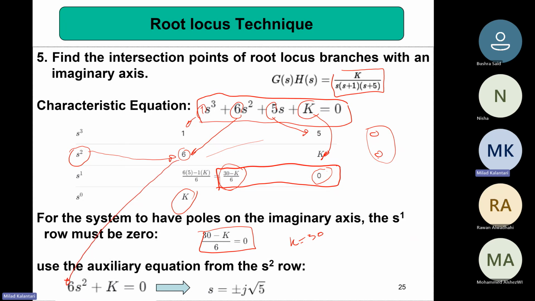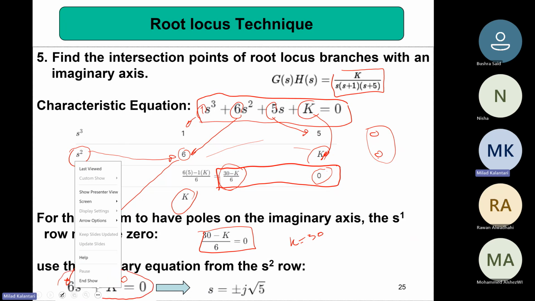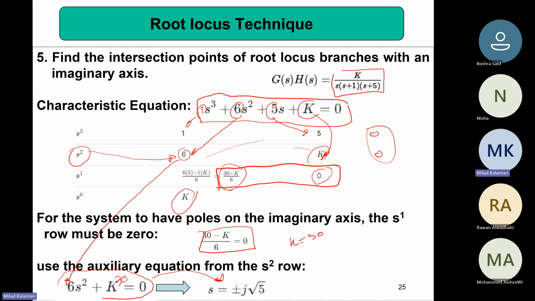We put this 6 here, and the k we calculated already, 30, is here, right? And then we solve this. The roots of this simplified or auxiliary equation are actually the collision points of the s with j omega, which is correct, right? It just gives you j omega.